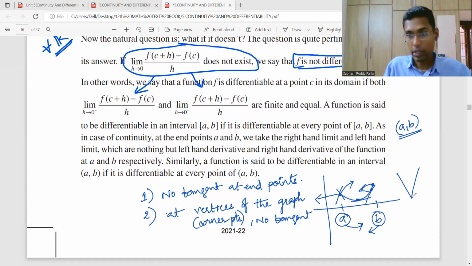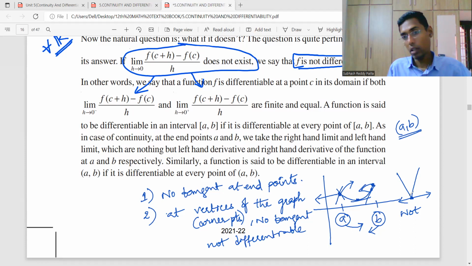Mod x graph is almost like this, and at the vertex you can't draw the tangent. Therefore, slope of the tangent doesn't exist at corner points, so it is not differentiable at corner points. No tangent means not differentiable. These two things you should remember: one is end points, where you can't draw the tangent, and another is vertex, where you can't draw the tangent.